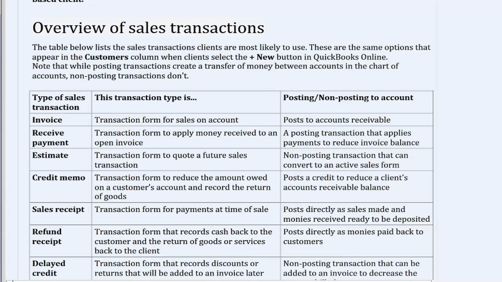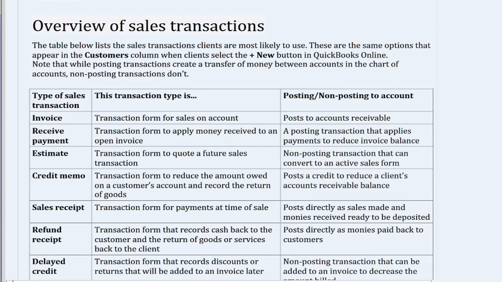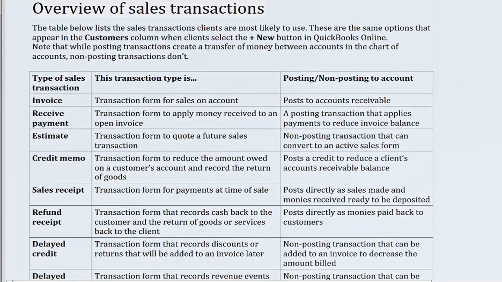Sales receipt. Transaction form for payments at time of sale. Post directly as sales made and monies received ready to be deposited. Refund receipt. Transaction form that records cash back to the customer and the return of goods or services back to the client. Post directly as monies paid back to customers. Delayed credit.